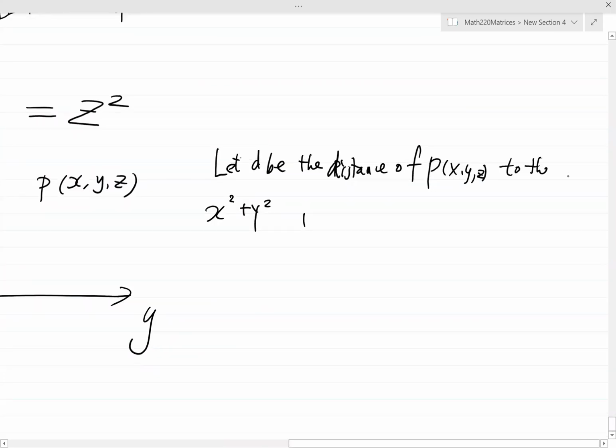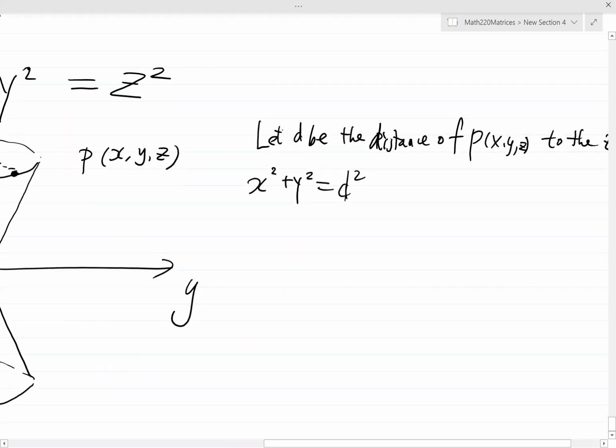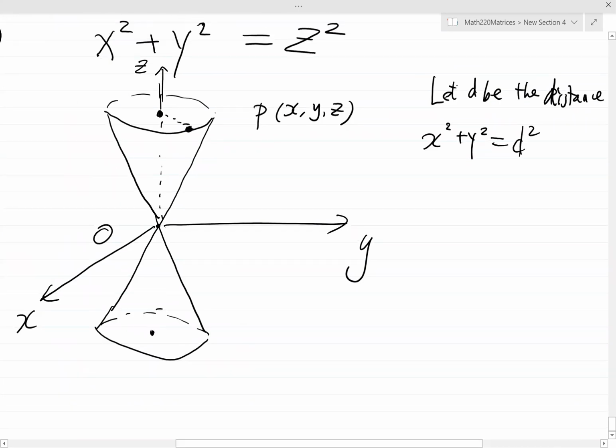Then x squared plus y squared is exactly d squared. So we get d squared equals z squared. This tells us the radius is z. So if you cut at z, you get a circle of radius z.